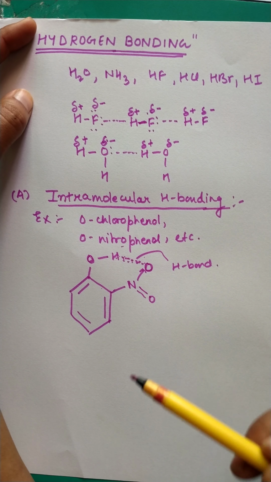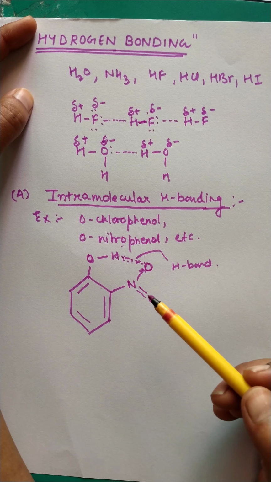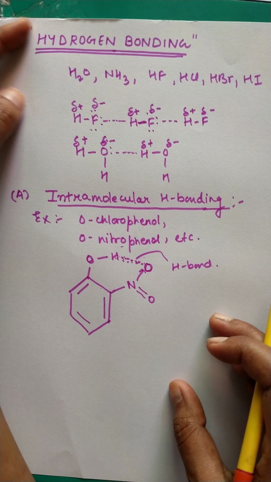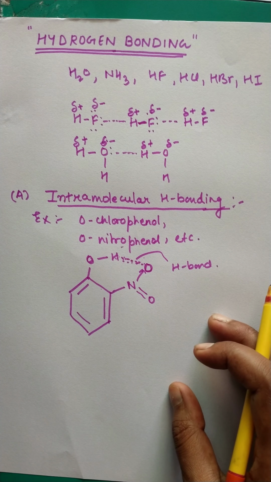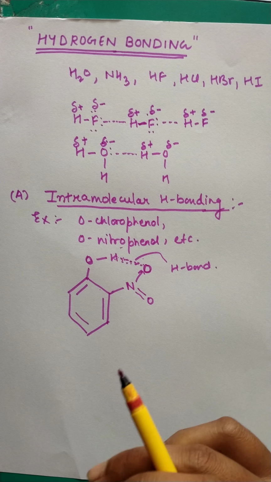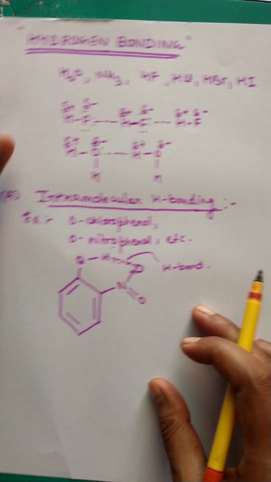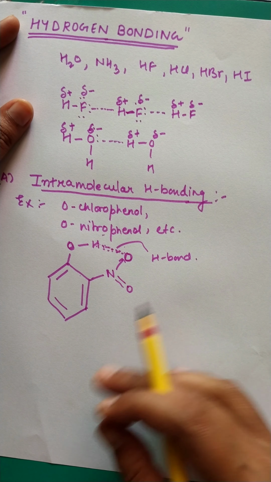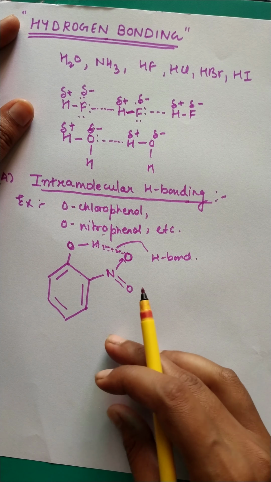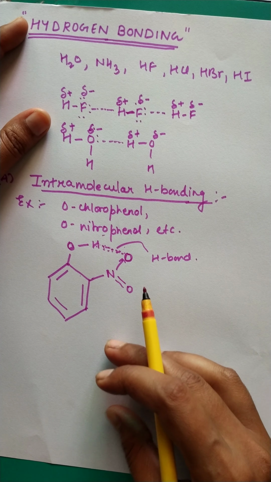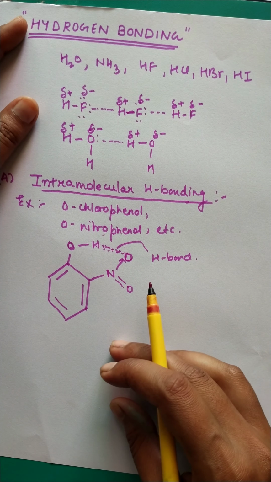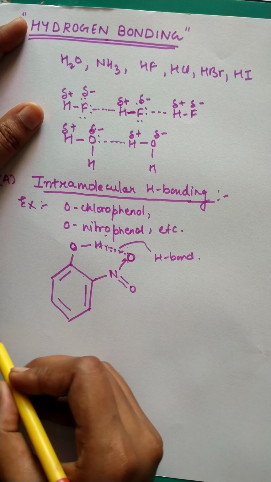The compound does not get soluble easily, and the boiling point of the compound also decreases. Now the next type of hydrogen bonding is intermolecular hydrogen bonding.